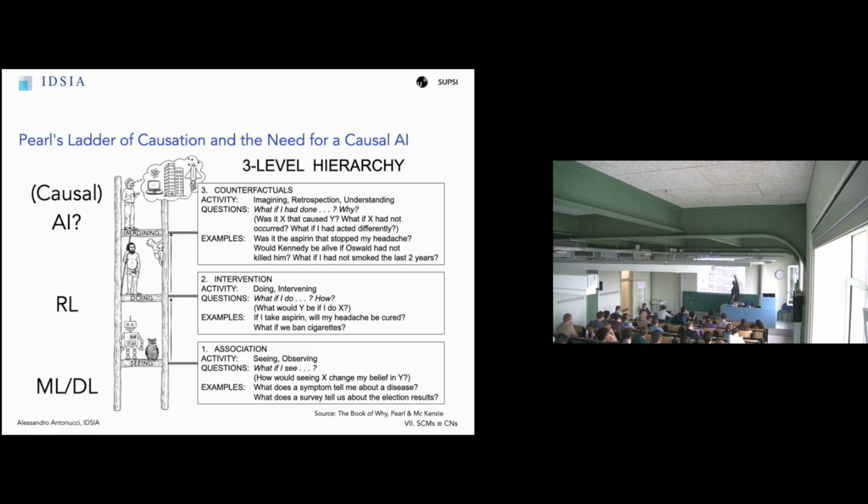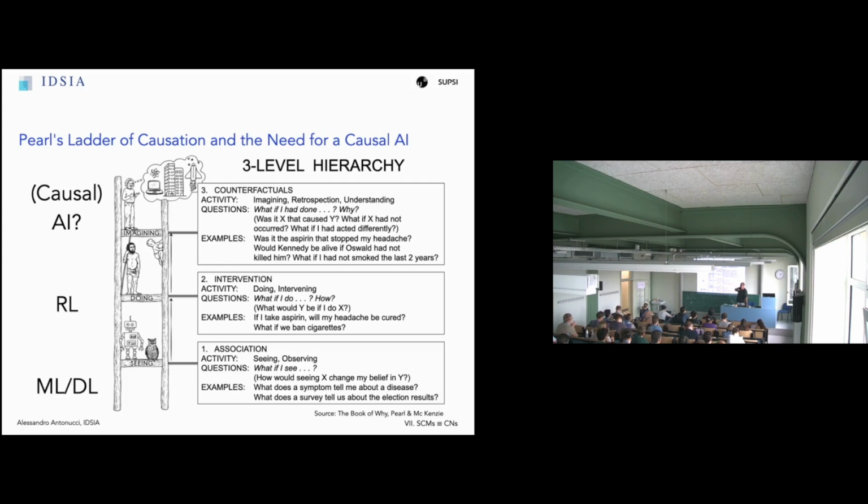And we can move further up to the counterfactual level. A counterfactual is like doing an interventional query: what happens if I take, I don't know, some medicament, or if I do something, given an alternative reality.